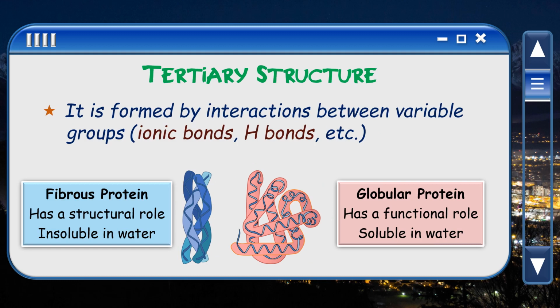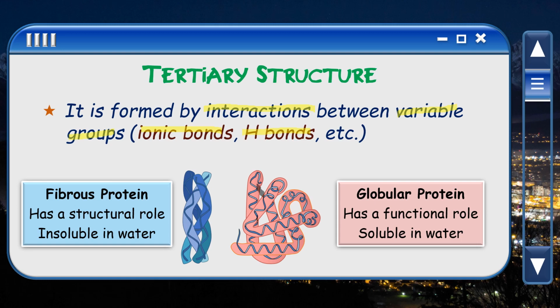The tertiary structure is formed by interactions between variable groups. They can be ionic bonds, they can be hydrogen bonds, and very many others. So you look at this one, they are going to interact in very many ways. This amino acid may interact with this one here.